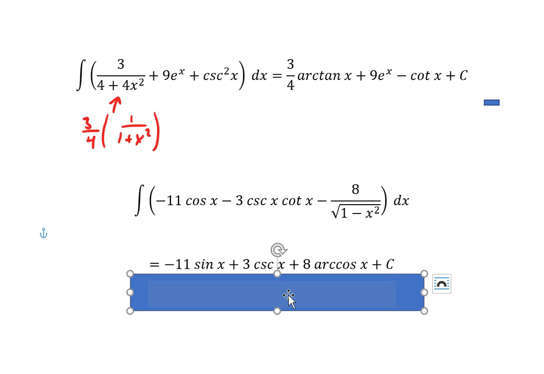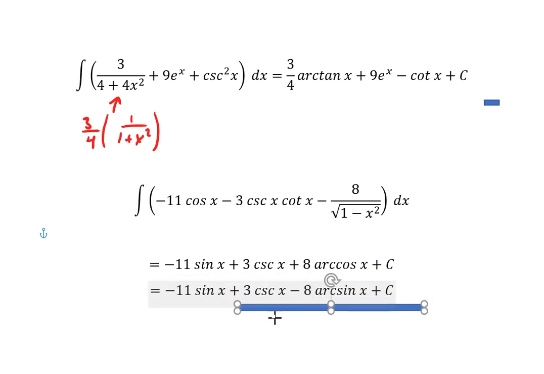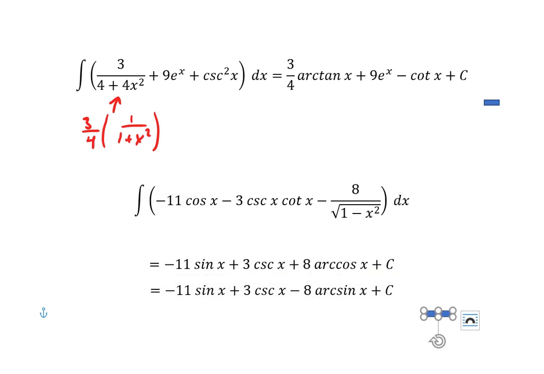If you kept the minus sign outside of your integral, though, and you just did minus 8 times the integral of 1 over the square root of 1 minus x squared, you're going to get minus 8 times the arc sine of x. But the first two terms are always the same, just a little bit of variance on that third term. And as always, we have plus c's.